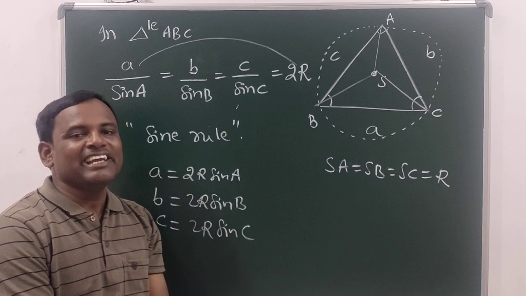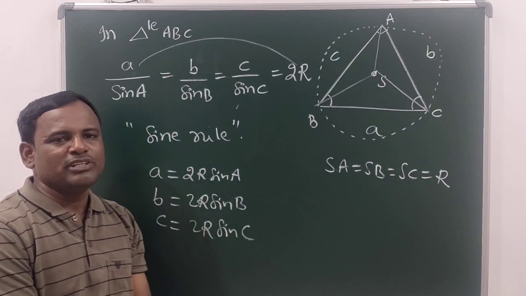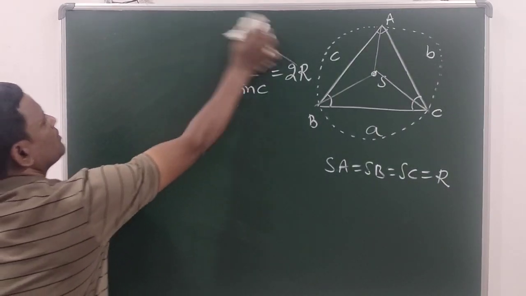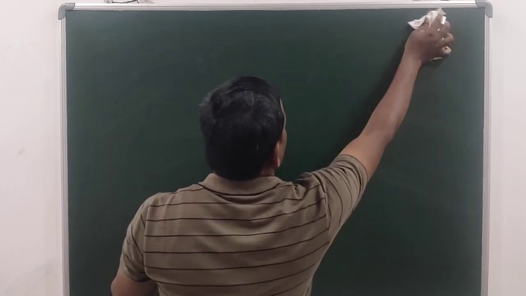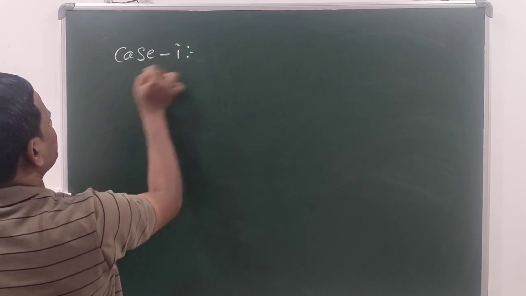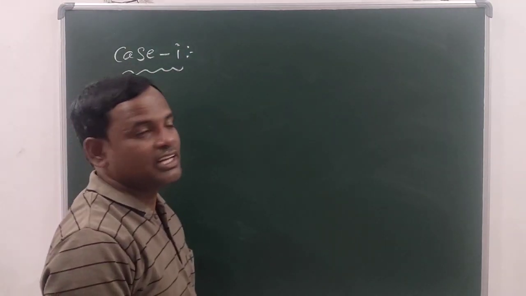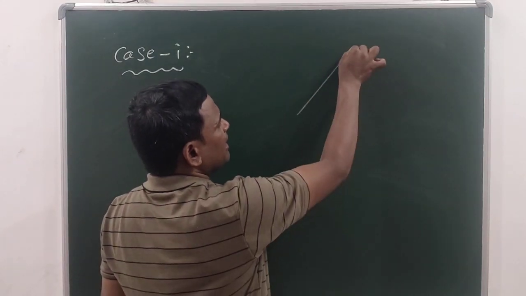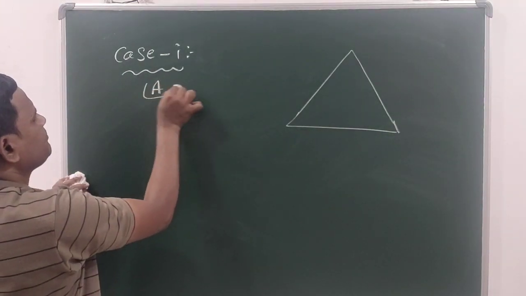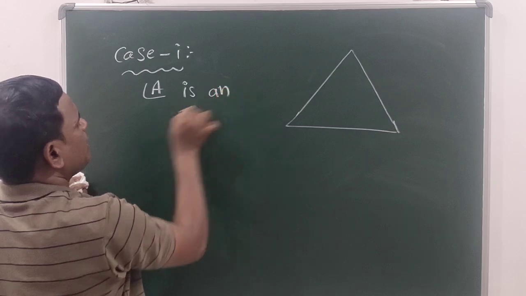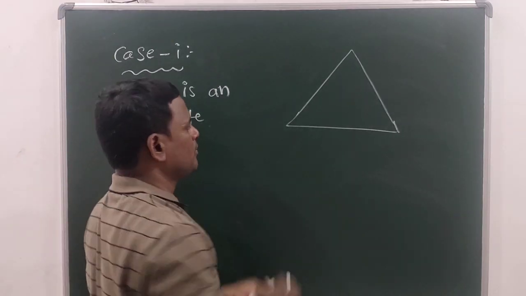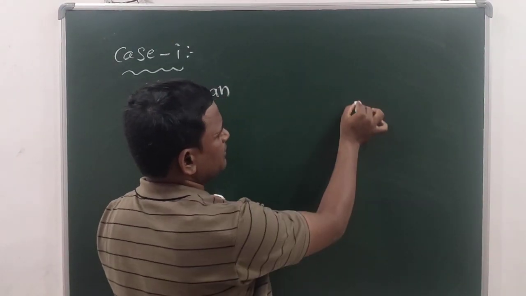By 3 cases I am going to explain this proof. Now let us see that. In the first case, that is case 1, consider angle A is an acute angle.